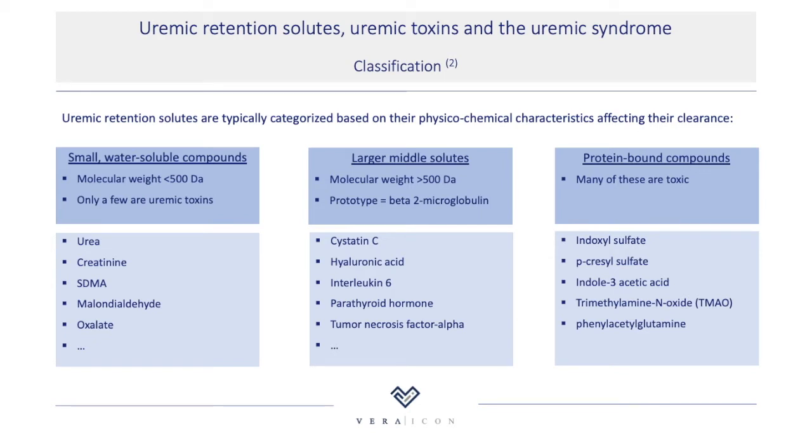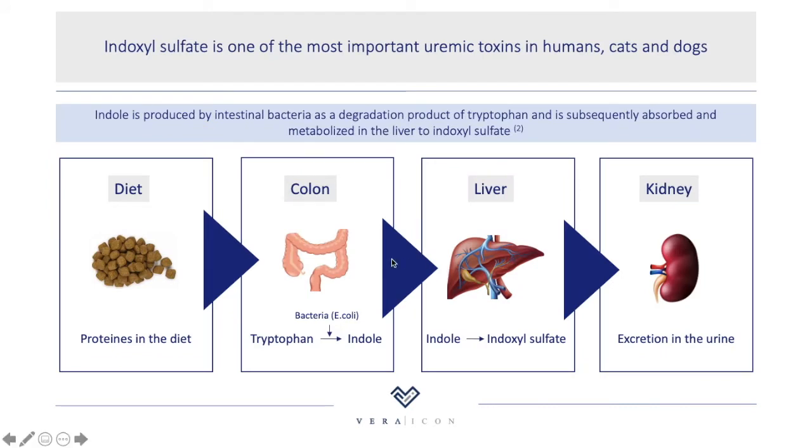One of the most studied of them is indoxyl sulfate, which you can see here at the top of the list. So we will look at this indoxyl sulfate in human medicine, in veterinary medicine, and what we know about this molecule. Actually, indoxyl sulfate is formed in the liver, but let's go one step back. Let's look at the diet. We have these proteins in the diet, and of course they are degraded to amino acids.